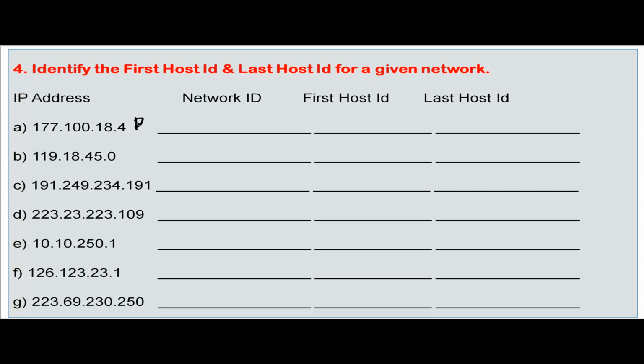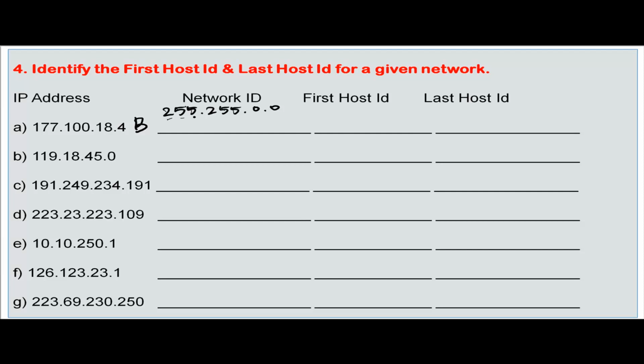For a class B IP address, the subnet mask is going to be 255.255.0.0. Now, to find the network ID, you keep the network part as it is.